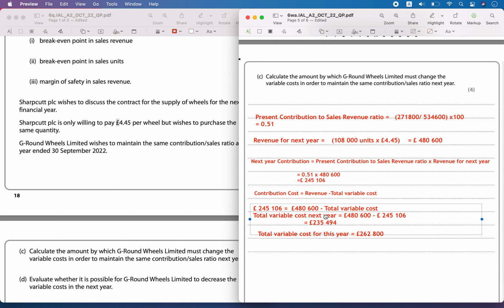Now we have the variable cost for next year to be this much.